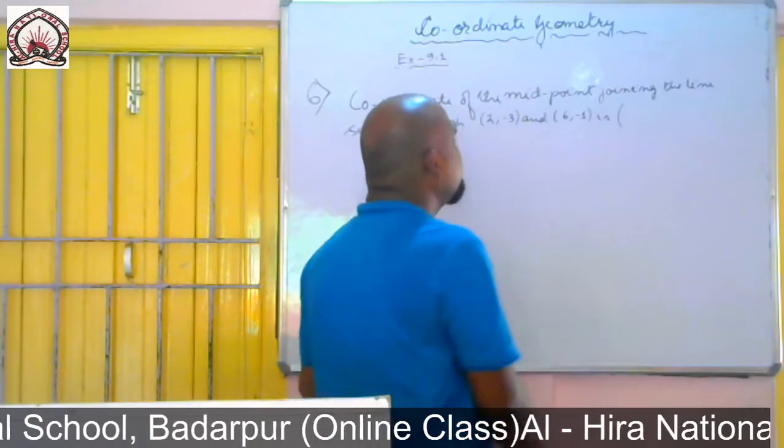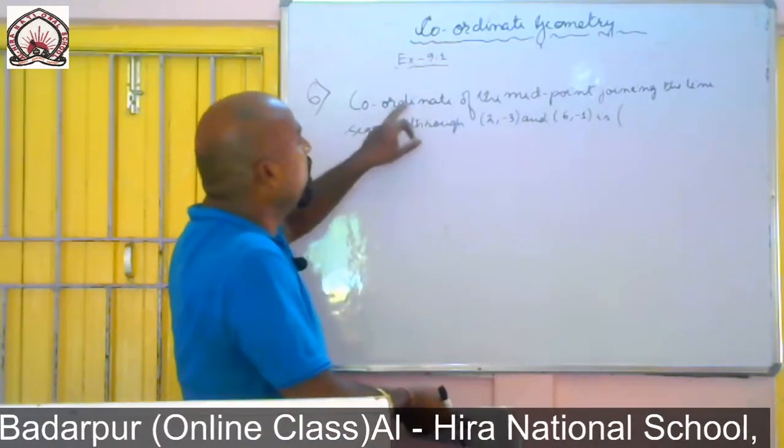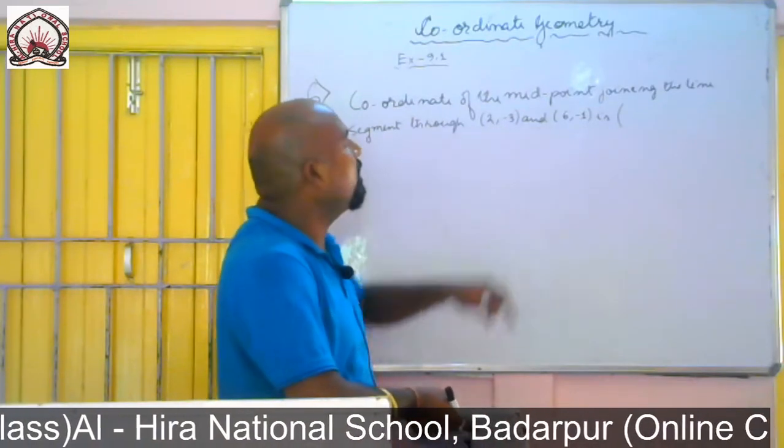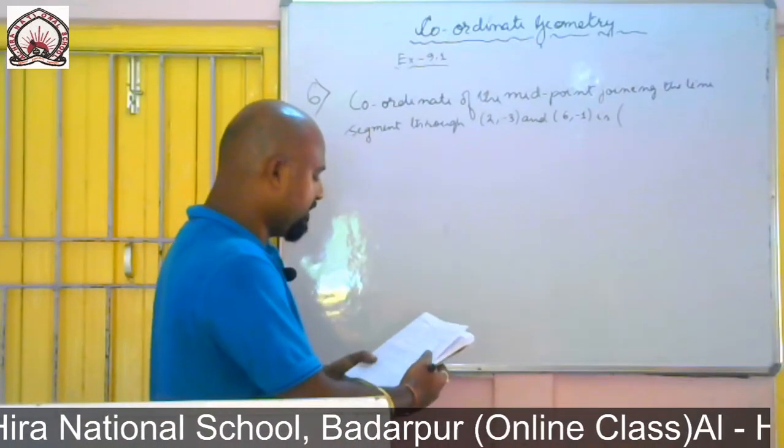Now this is nothing but the midpoint, the coordinate of the midpoint joining the line segment through 2 comma -3 and 6 comma -1 is.